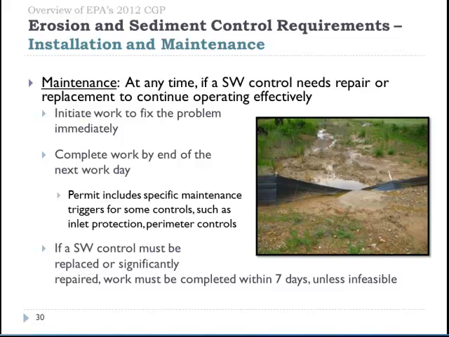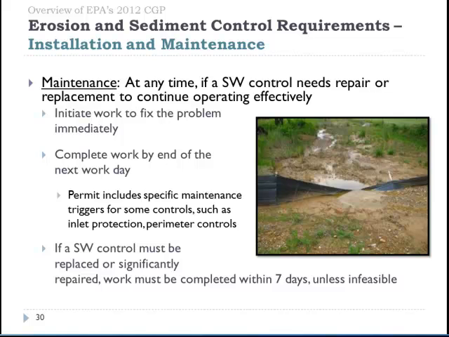And then you're required to complete work to fix easy fixes by the end of the next workday. And the permit actually includes specific maintenance triggers for certain controls. For inlet protection, you're required to remove accumulated sediment. And for perimeter controls, you're required to remove sediment once it's reached half the height of the perimeter control.